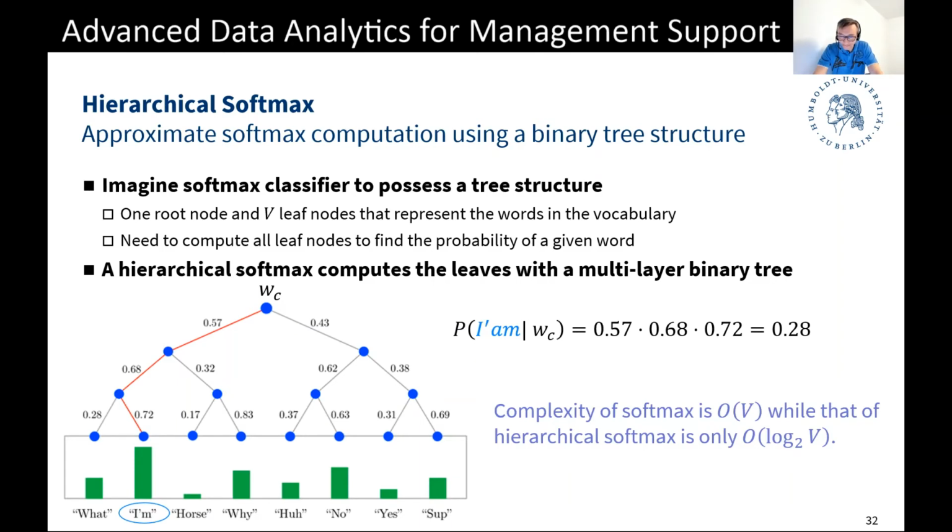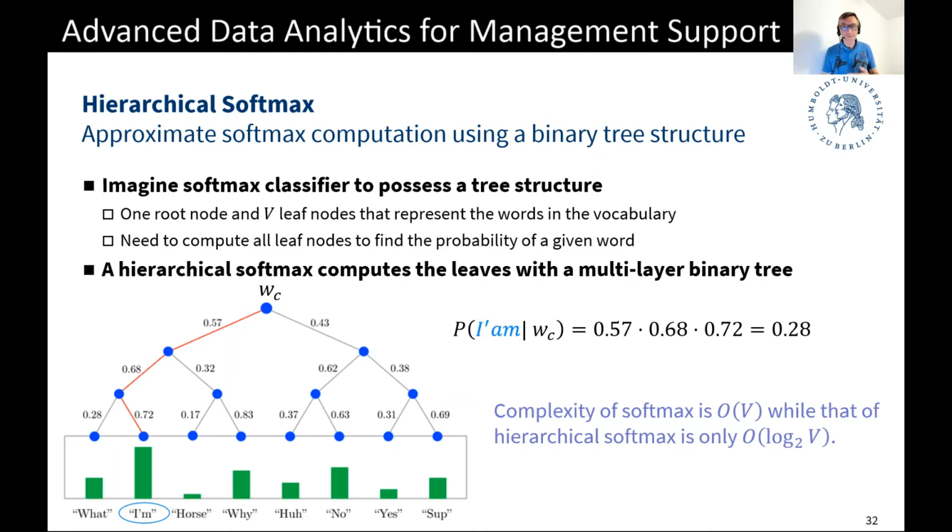and the quality of the approximation of the actual softmax could also benefit from a smart way of organizing the tree. And what we use is called a Huffman tree.